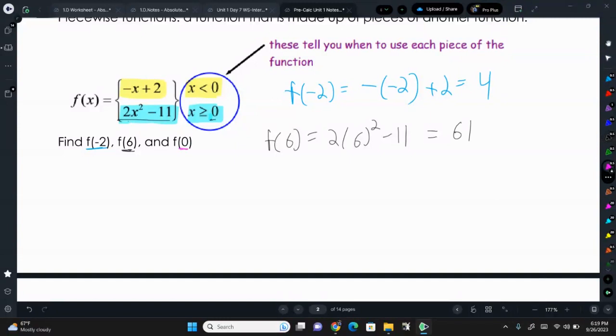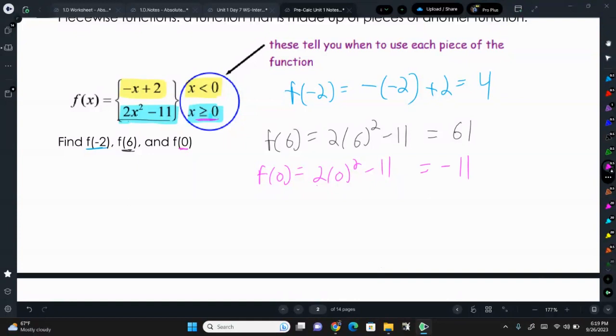And last one, f of 0. Well, the blue one says x is greater than or equal to 0. So we're still going to use the bottom one. 0 squared is 0 times 2 is 0 minus 11 is negative 11.